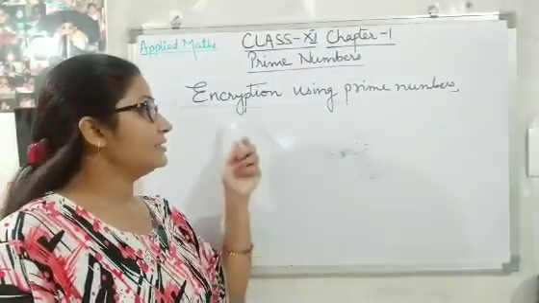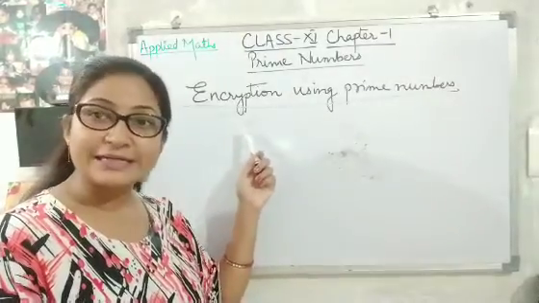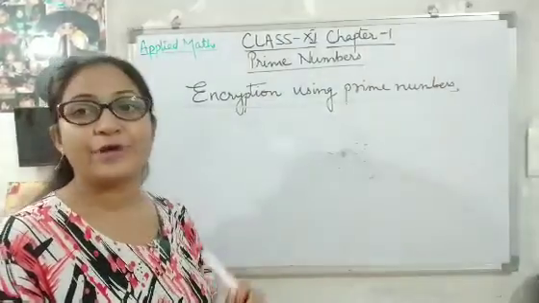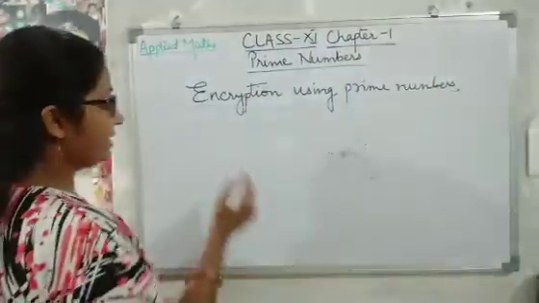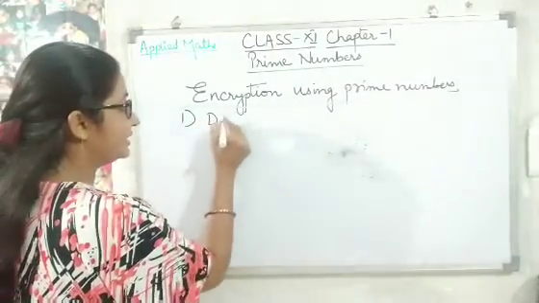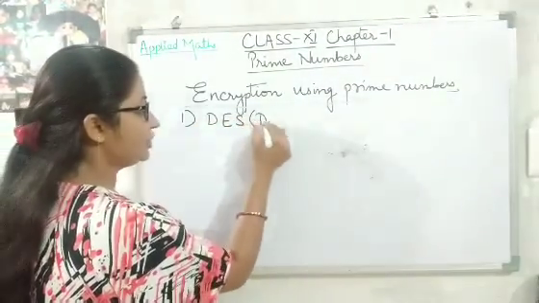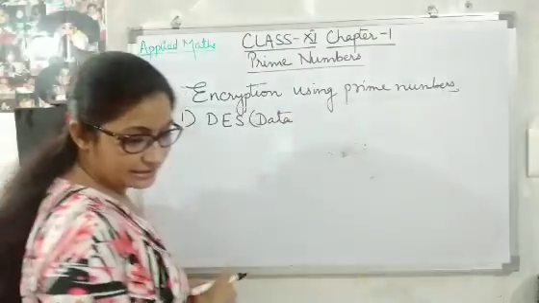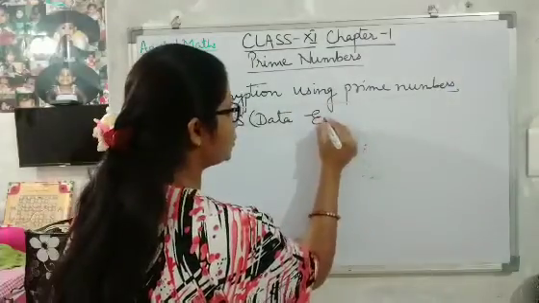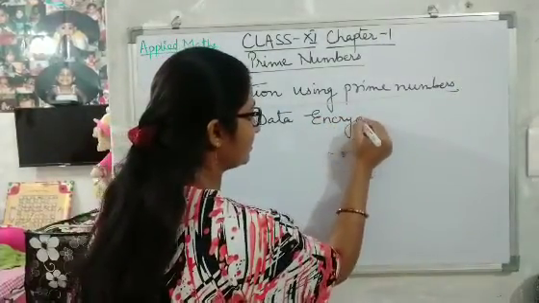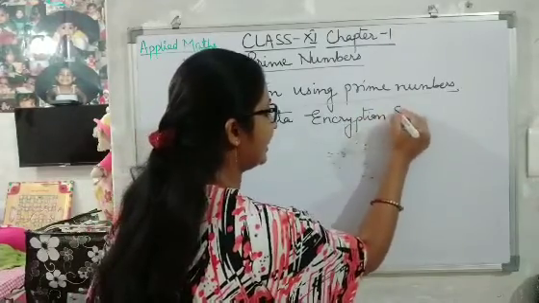There are many ways to encrypt the data using prime numbers. Number 1 is DES, which is Data Encryption Standard.